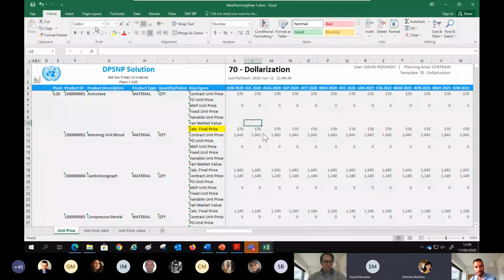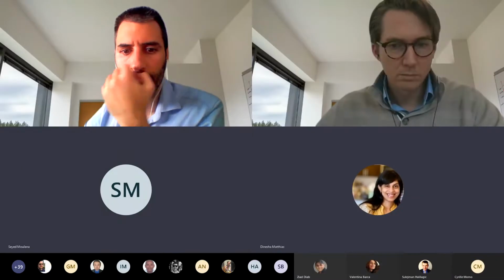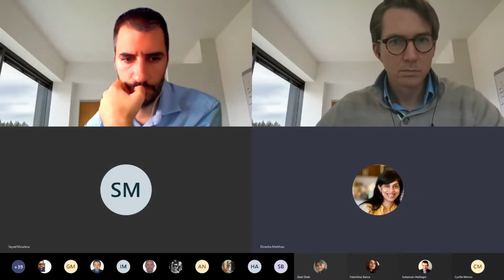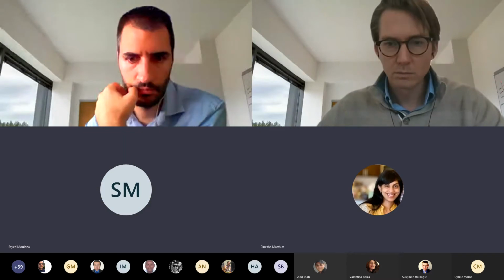But I think this is where you have to be cautious, because we've created a separate role for the price to be updated. Not every planner has the capability to update price because it's sensitive. So while we have the role to make that an exclusive task, we also need to have some guidance developed as to what constitutes a fair market value within each commodity. Yeah, this will be very useful in a situation like today.